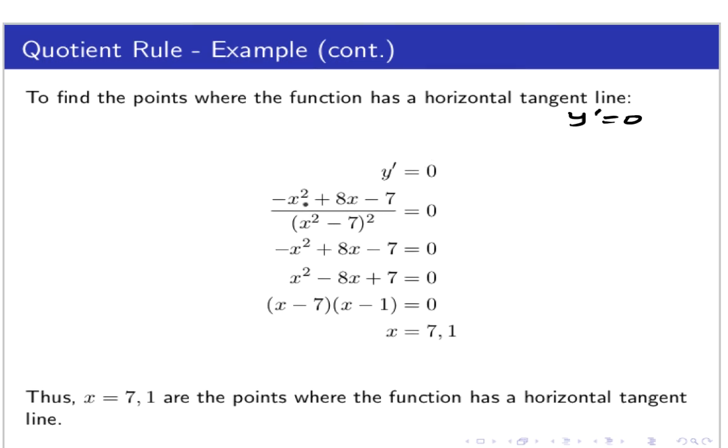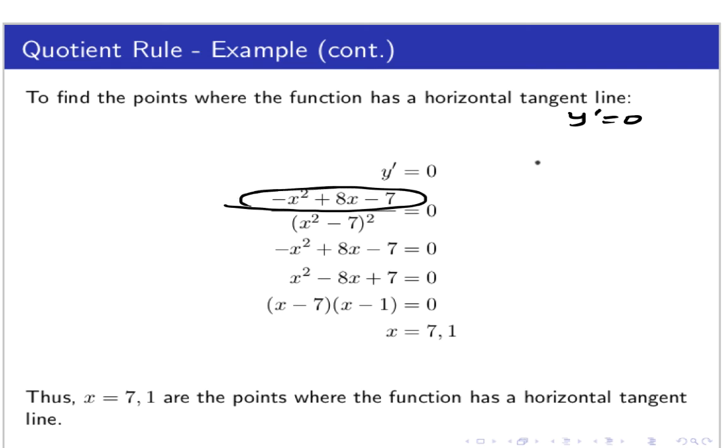So it means minus x squared plus 8x minus 7 over x squared minus 7, the whole square equal to 0. If you have a rational function, a numerator with a denominator, and it is equal to 0, basically it means that the top, the numerator, is equal to 0.